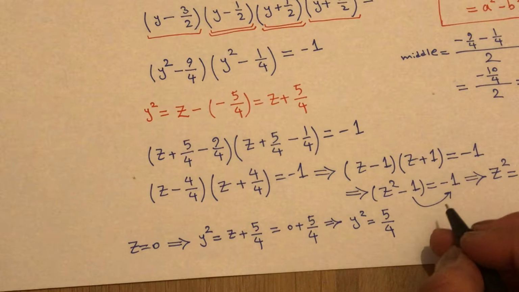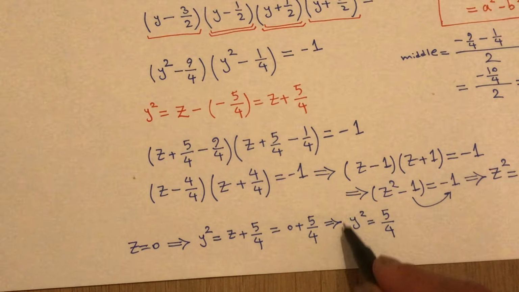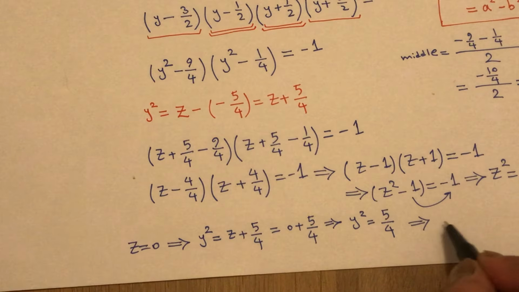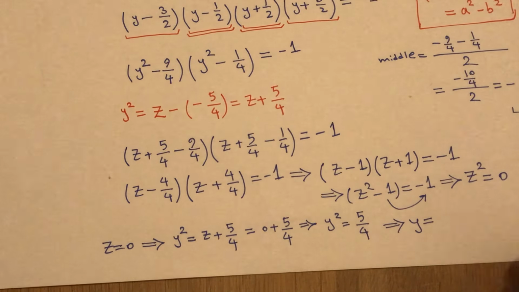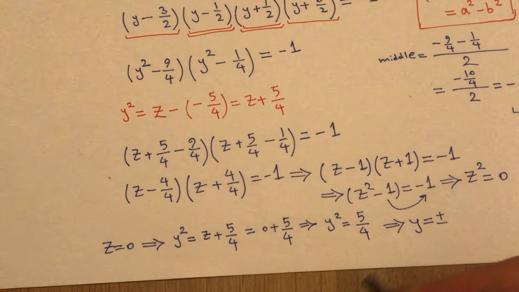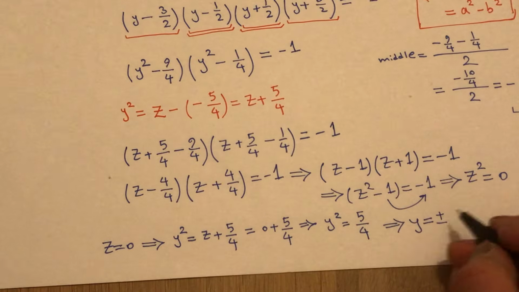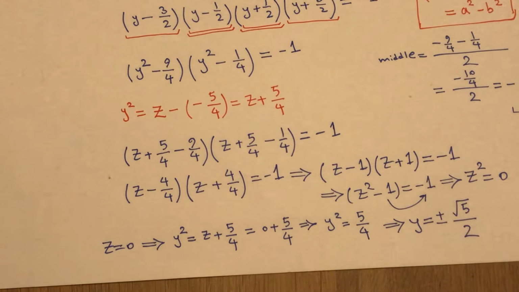And you know, when a squared parameter equals a number, the parameter itself equals plus or minus the square root of this number, which is the square root of 5 over 2.